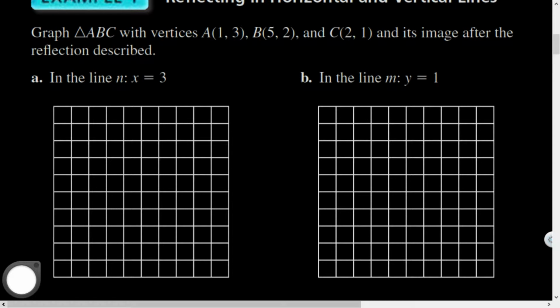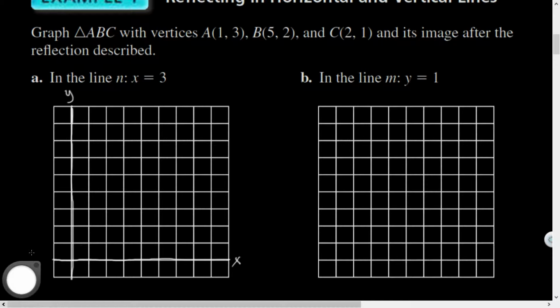I think I'll put my y-axis about here. All of those points are in the first quadrant, so I'm going to make my graph mostly the first quadrant.